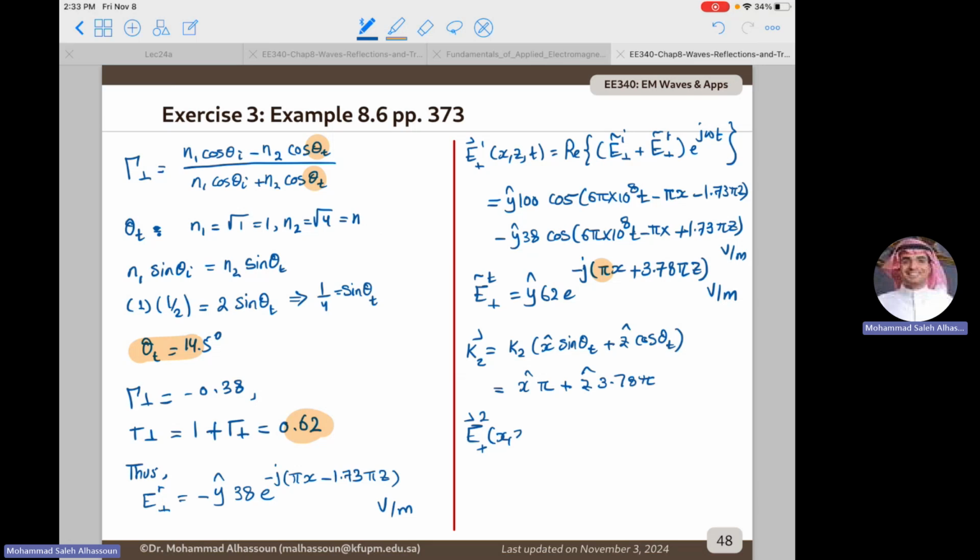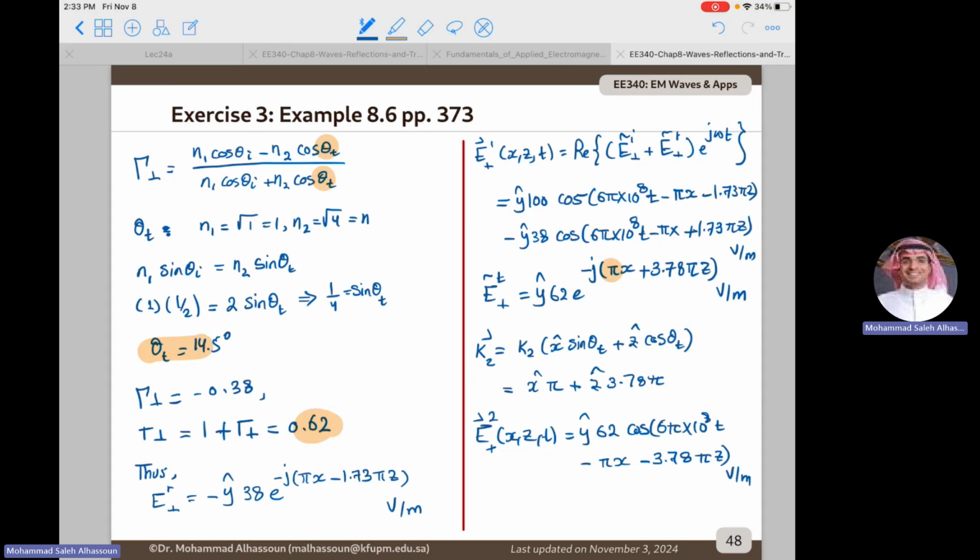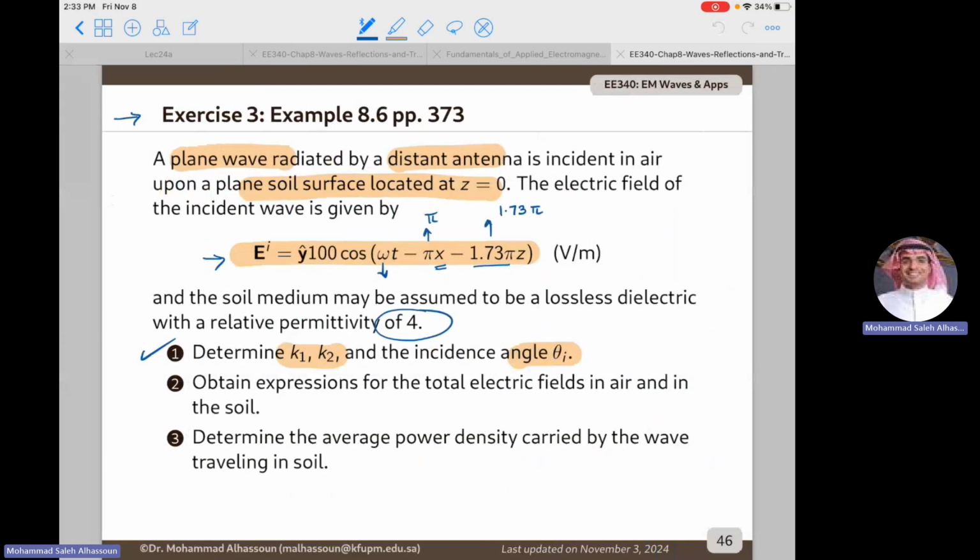This is E of x, z, t, which is 62 cosine of, the frequency is fixed, so 6 pi times 10 to the power 8 t minus pi x minus 3.78 pi z. The unit is volt per meter. So now we're done with the second part.